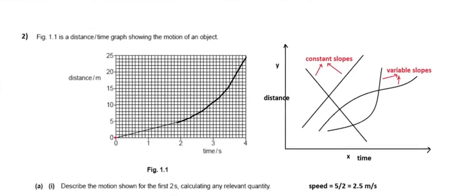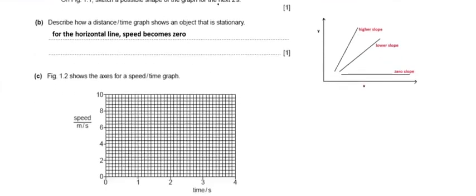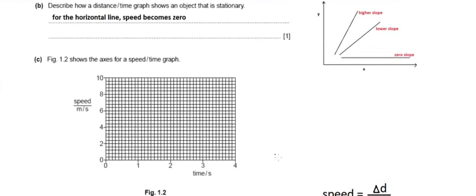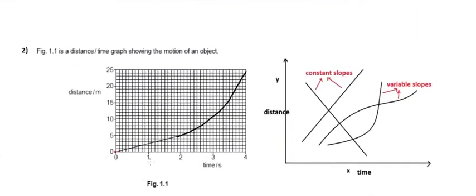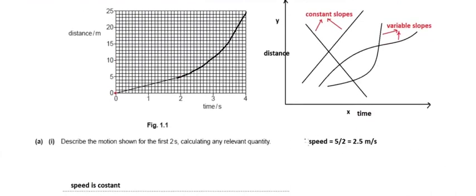For the same motion, we have to draw the line for speed and time. We know that for the first 2 seconds of this graph, we had calculated the slope, and the slope is the speed, which is 2.5. So for the speed time graph, we use the speed value that we have already calculated for the first 2 seconds, which is 2.5.